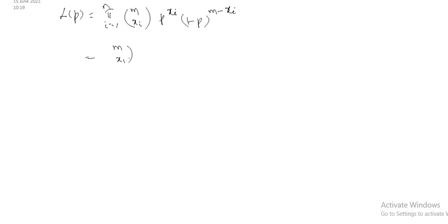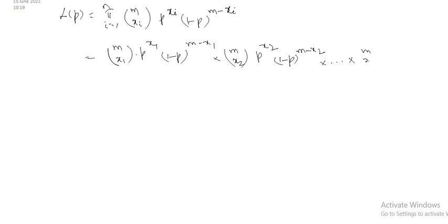That is mC x1 p power x1 1 minus p power m minus x1, into mC x2 p power x2 1 minus p power m minus x2, and so on, into mC xn p power xn 1 minus p whole power m minus xn.